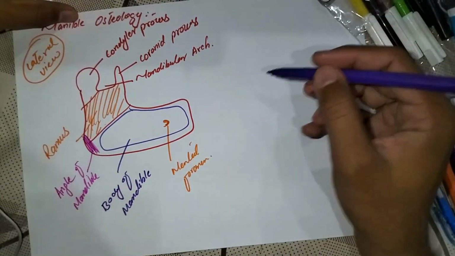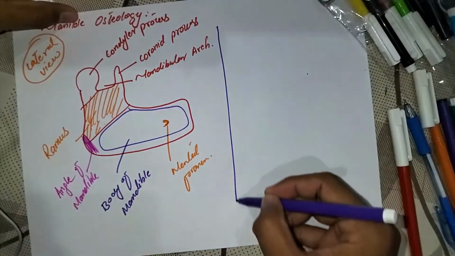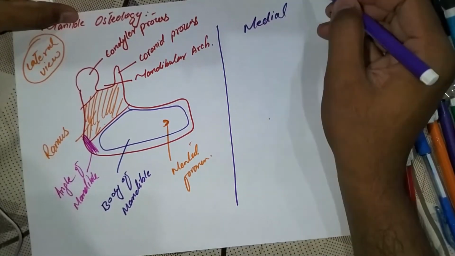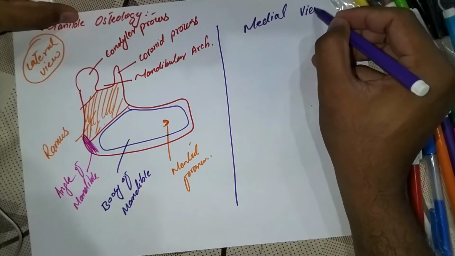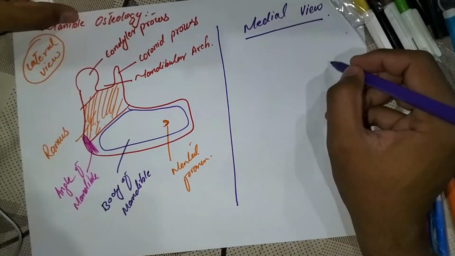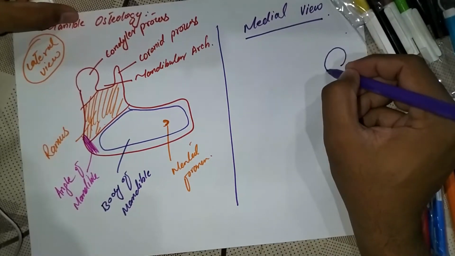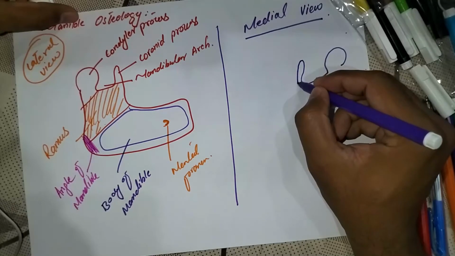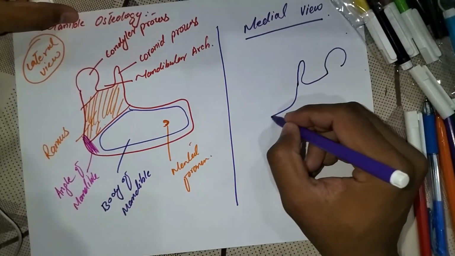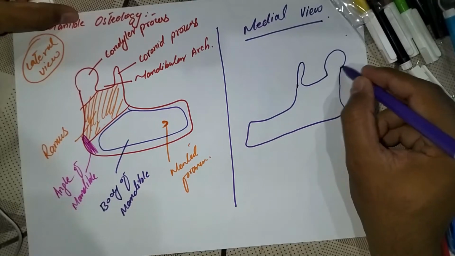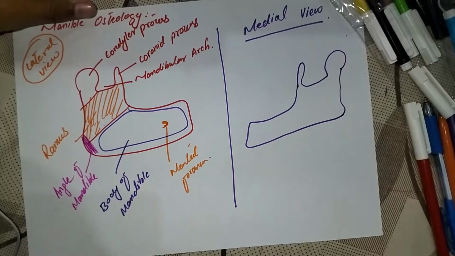Now we will discuss its medial view. And it looks like this. Here we have the condylar process, then the coronoid process. I make it rough, but I hope you will understand it.